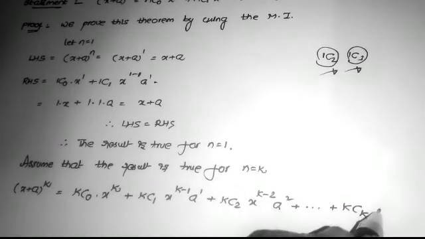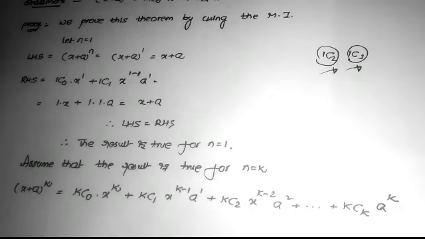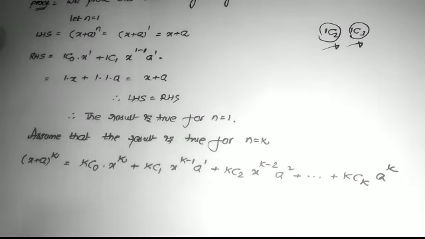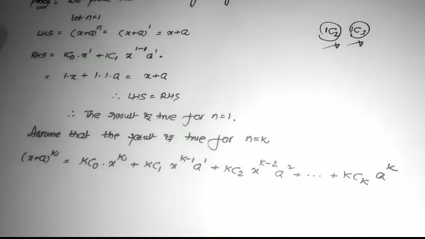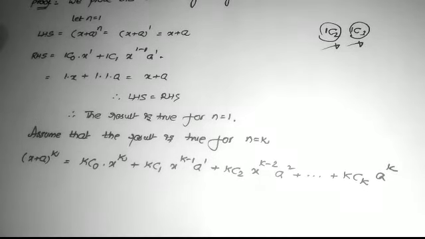The last value is kck into a power k. This is the result. So here we are assuming that the result is true for n is equal to k, meaning we simply substituted n is equal to k in the given statement.